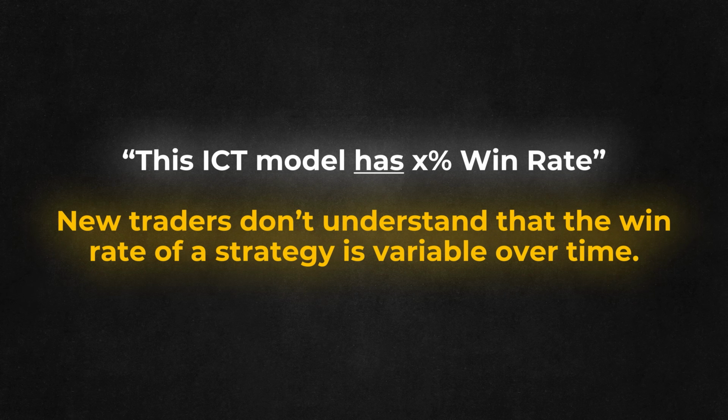"This ICT model has X% win rate." New traders don't understand that the win rate of a strategy is variable over time, so you cannot say that a strategy has a particular win rate. You can only say that a strategy had a particular win rate in the past, and the annoying thing about trading is that this is not an indication that this win rate will continue like this in the future.